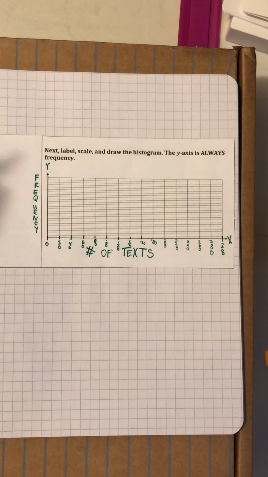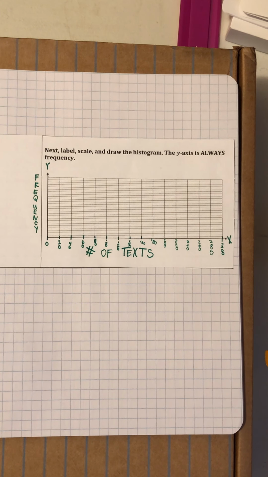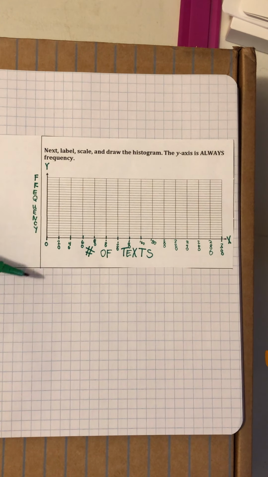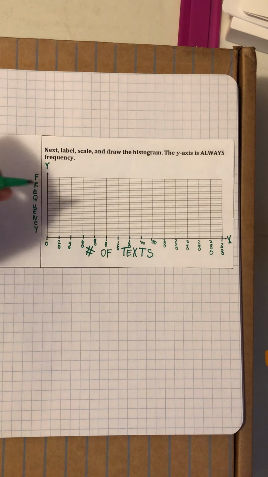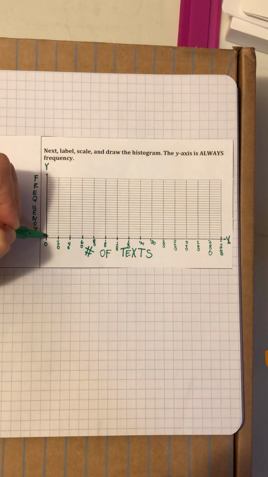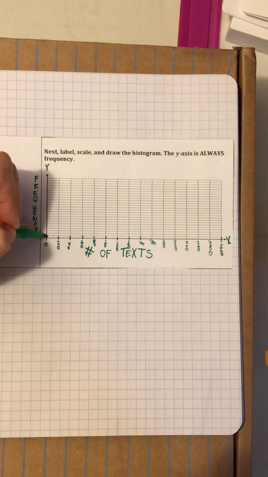Okay, and then going up is the frequency, and since nothing gets more than 21, and I know that there's 21 of these, I don't know if I'll leave the scaling to you on a test. I think I will give you that because, again, I don't feel like I'm testing that, and I think that creates too much anxiety and frustration to deal with. So I'm gonna go by ones, but I'm gonna label every 5.